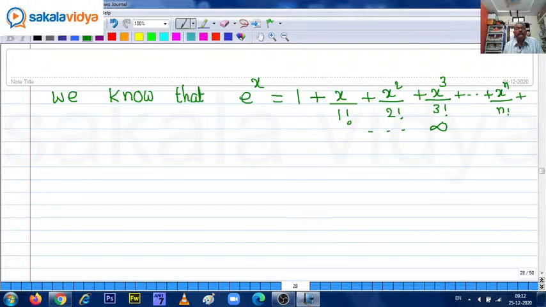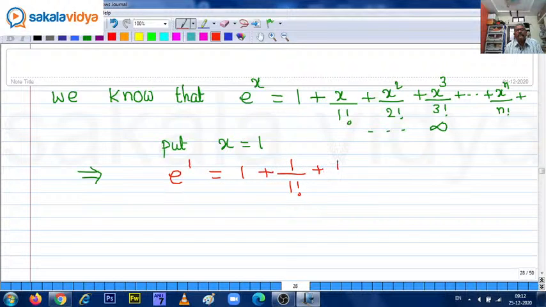Now put x is equal to 1. What do we get? e raised to 1 equals 1 plus 1 by 1 factorial plus 1 square by 2 factorial plus 1 cube by 3 factorial plus, to infinity.